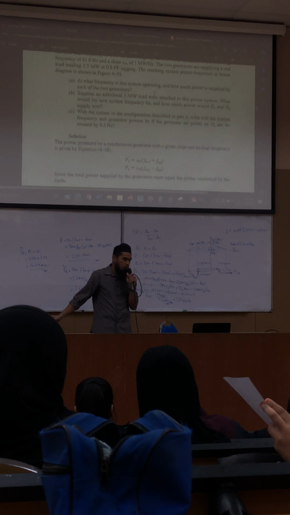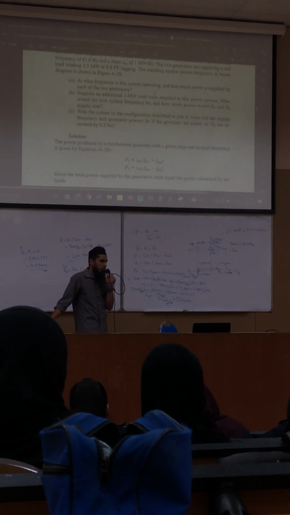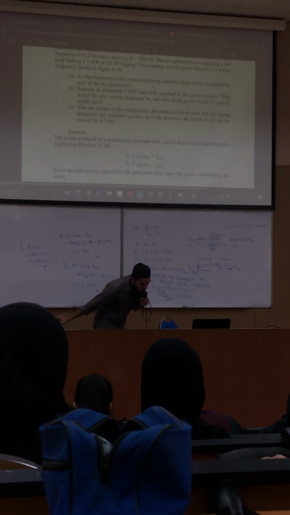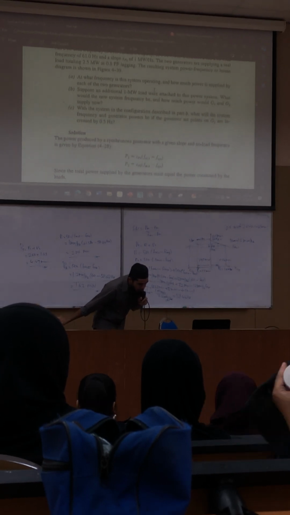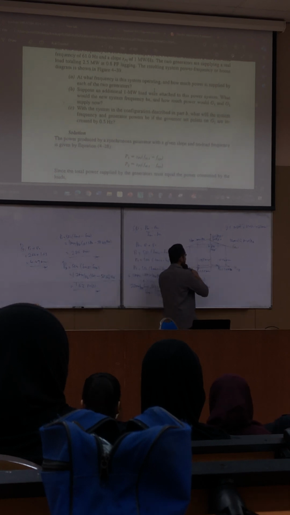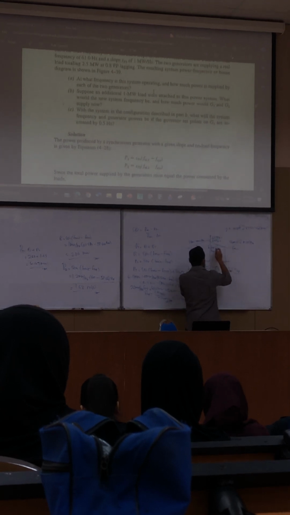Okay, let's say if we have one of the roofs being increased, the limit. Here we have governor set point of G2 increase 0.5 hertz.